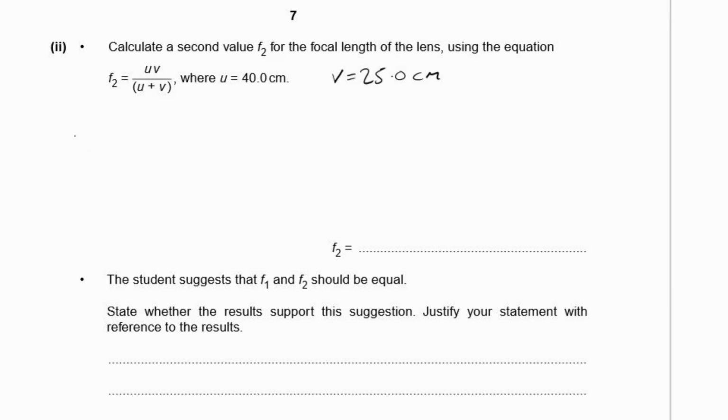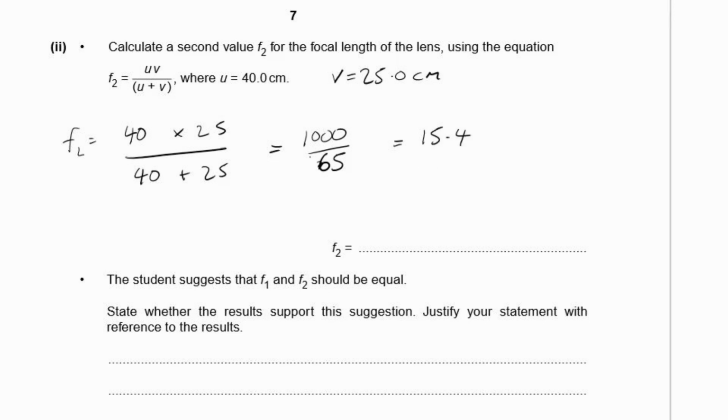And if we carry out that calculation, f2 is given by 40 times 25 divided by 40 plus 25. Now, that then gives us 1000 divided by 65, which is 15.4.